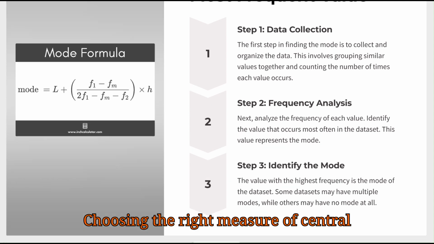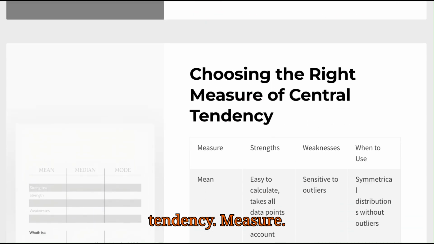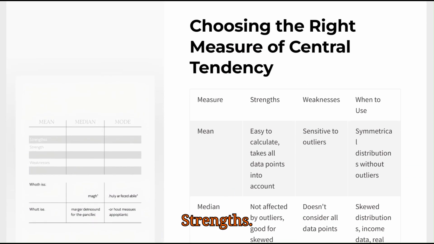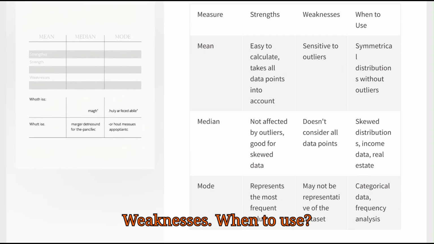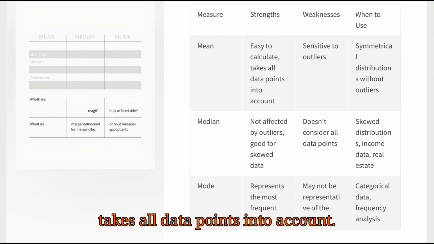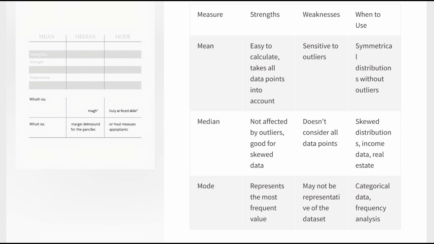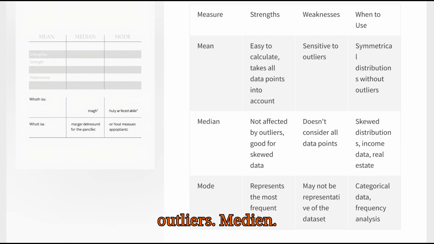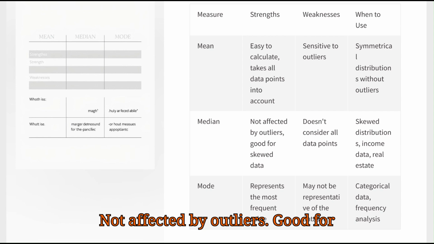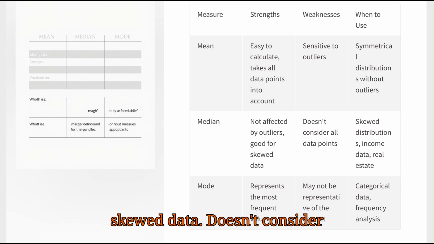Choosing the right measure of central tendency. Measure. Strengths. Weaknesses. When to use. Mean. Easy to calculate, takes all data points into account. Sensitive to outliers. Symmetrical distributions without outliers. Median. Not affected by outliers, good for skewed data.